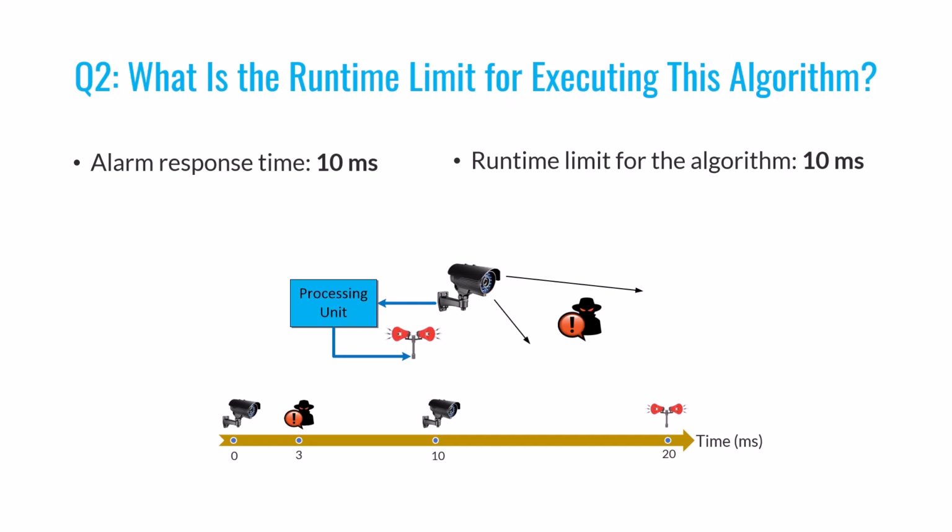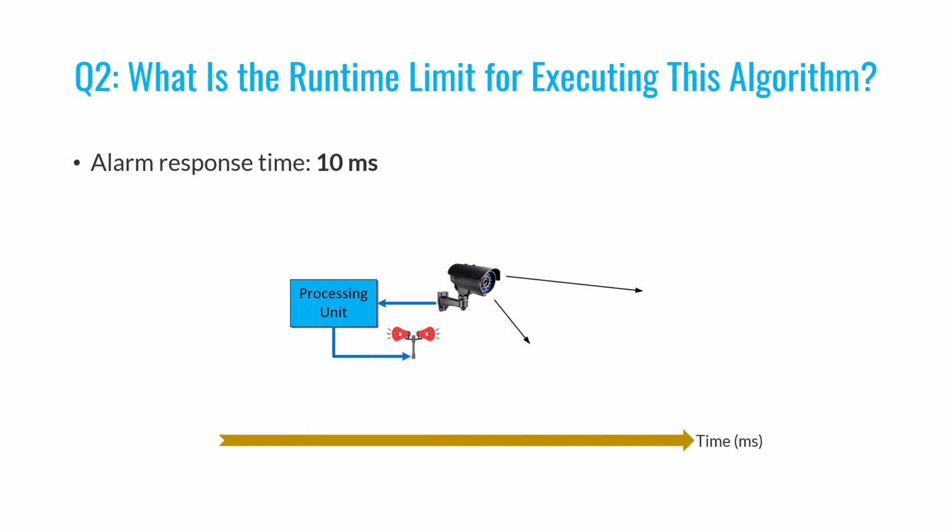This period is 17 milliseconds, which is notably longer than the 10 millisecond alarm response time specified in the problem. So choosing 10 milliseconds as the runtime limit for the algorithm to execute is too slow and it won't meet the requirements. Let's try to speed up the execution of the algorithm a bit to see if we can solve the problem.